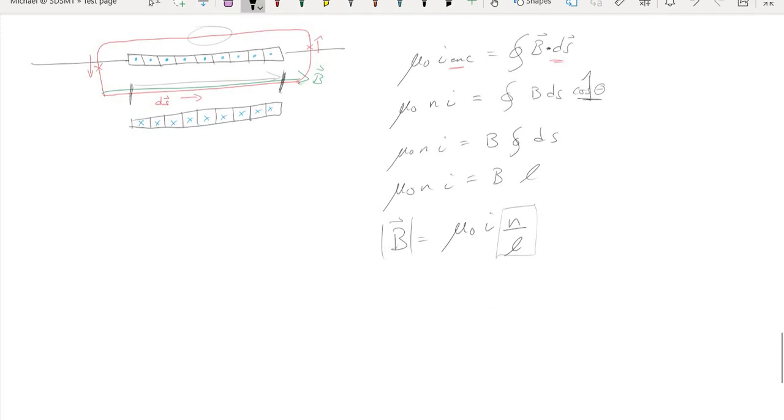But the more turns you put in, the longer of a coil that you're going to have to produce. Because remember, each coil has a certain thickness associated with it, and that's going to contribute to the overall length of the solenoid. And as the solenoid gets longer, then the magnetic field starts to get weaker.